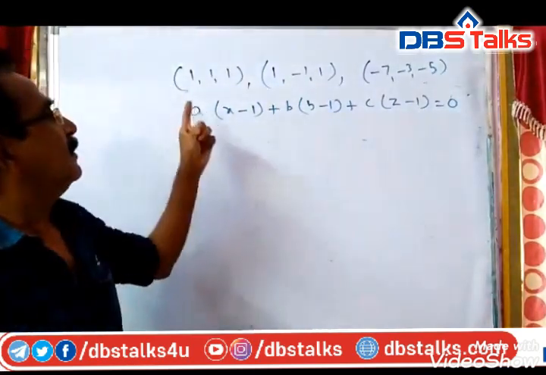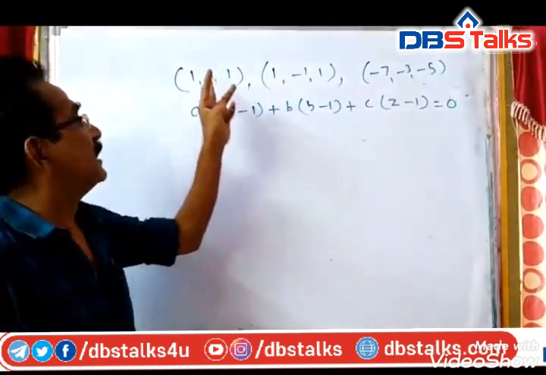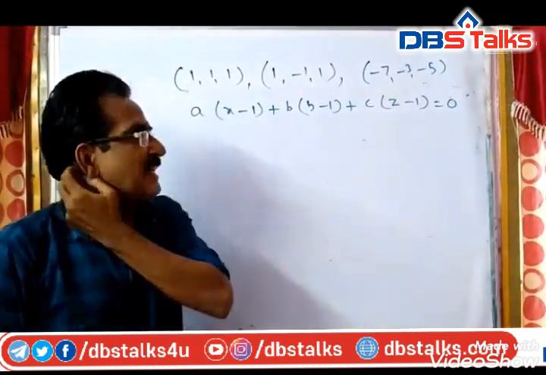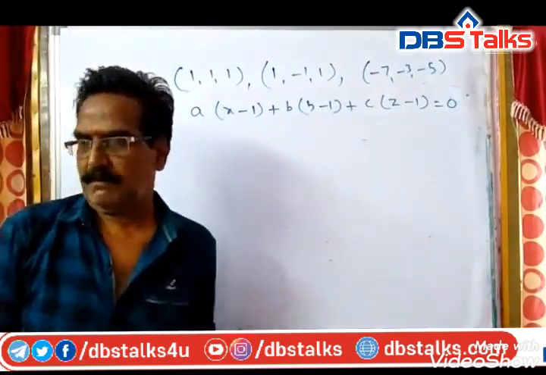Okay, friends? That is the equation of the plane passing through (1, 1, 1).